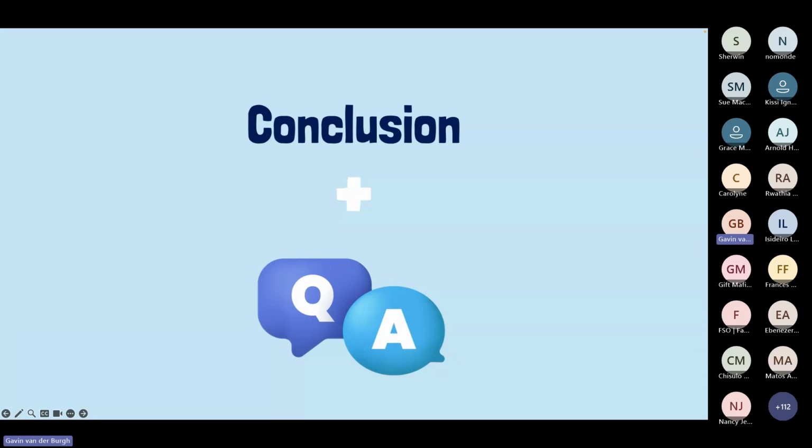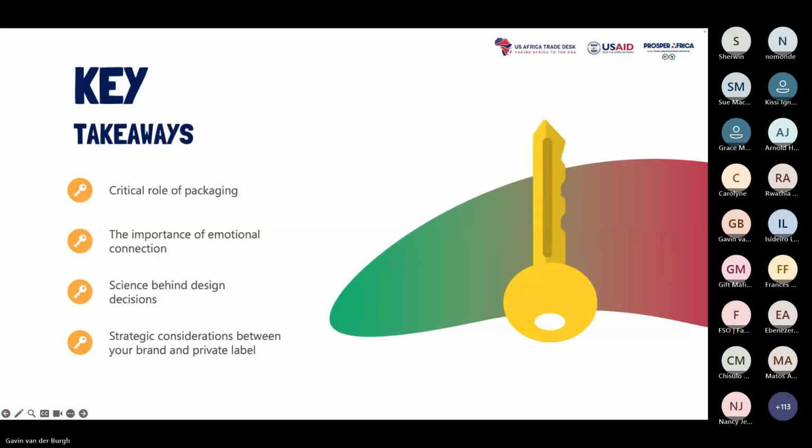So just remember, packaging tells your story long before the consumer even takes it off the shelf. Okay, make sure that story captivates, convinces, and converts. With that, I'd like to say thank you very much for your commitment to excellence in packaging, and then just going to summarize it in your key takeaways today.